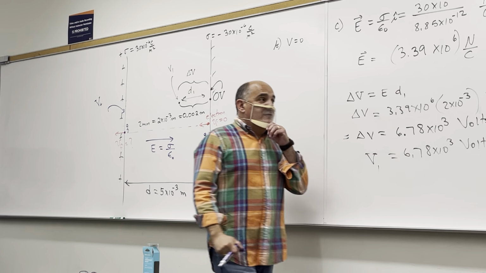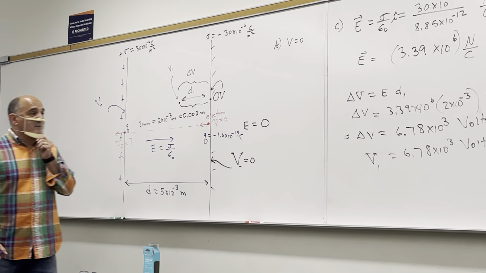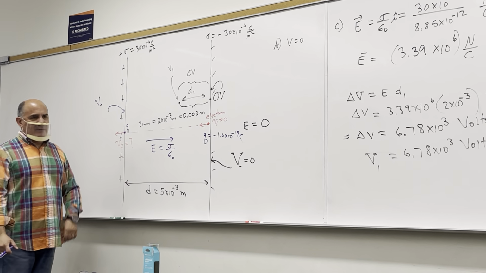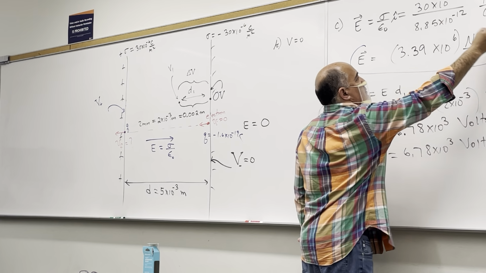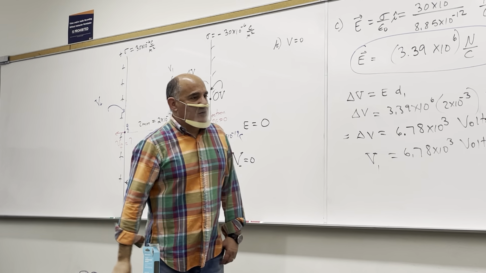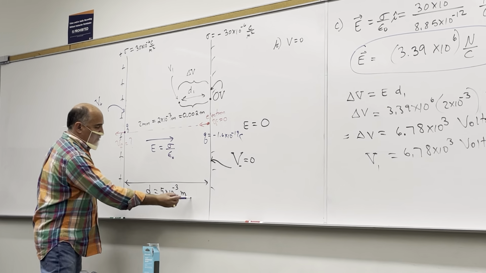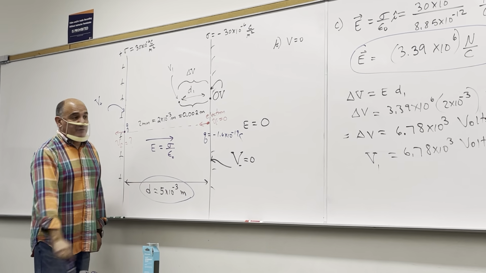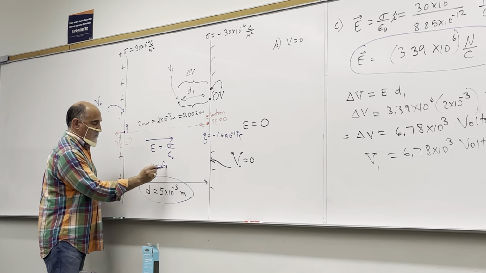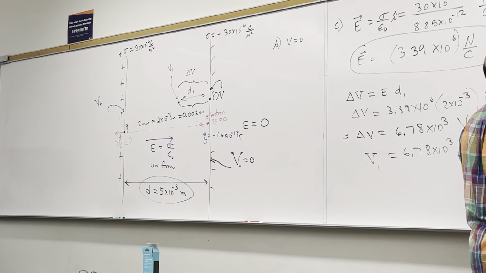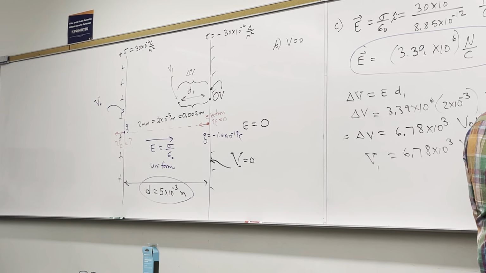Now, can you figure out the potential at the positive plate? How would you figure it out? You know the electric field. You know the distance between those two plates, and the electric field is uniform. Could we just do what we did earlier, but instead of the distance being 2 millimeters, it'd be 5 millimeters? Exactly.